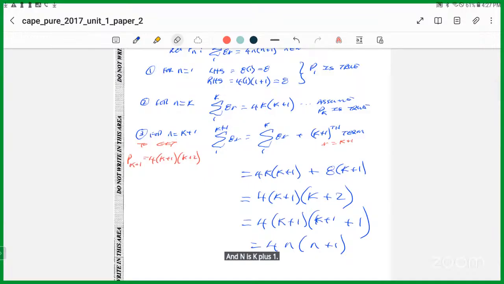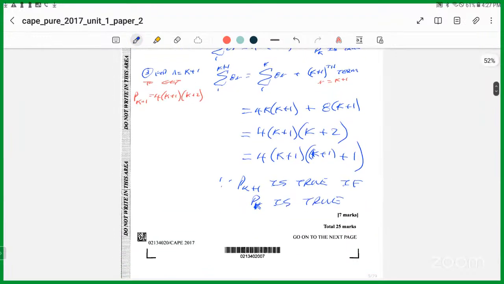And therefore it has been shown. That is it. Right, this is the n. And therefore Pk plus 1 is true if Pk is true.